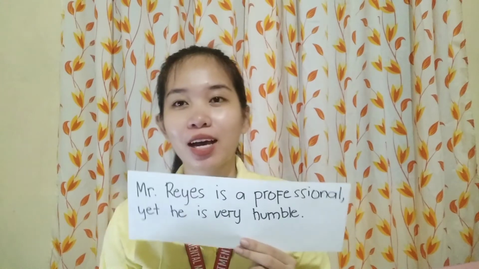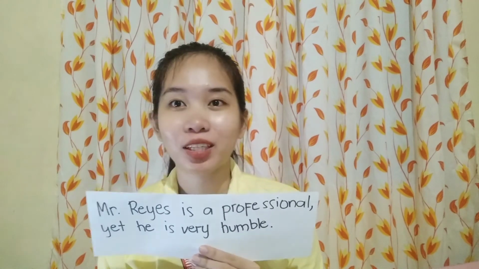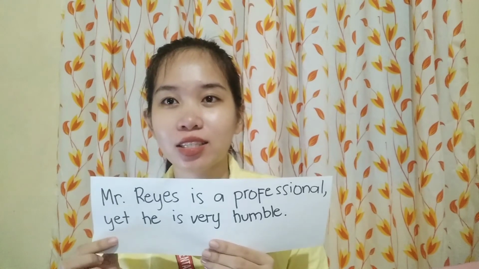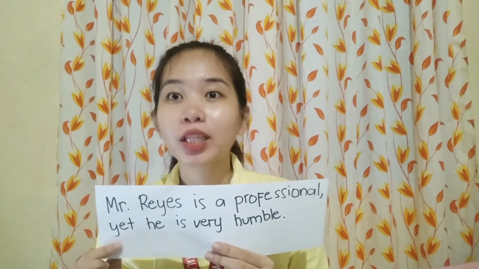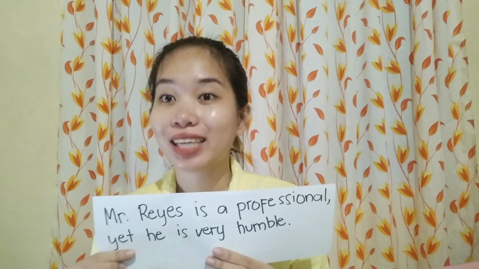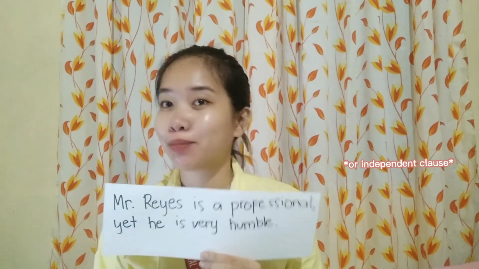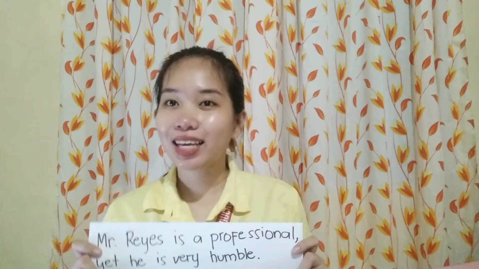So the first simple sentence is this: Mr. Reyes is a professional. This is one independent clause, and it is joined by the coordinating conjunction yet. He is very humble. So it's a simple sentence. So let's try to diagram this sentence.